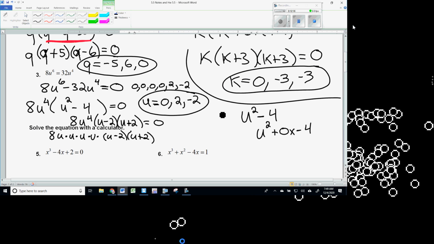Okay? You can just write your answer like that, but if you're looking at it and thinking, well, that's to the 6th, I need 6 answers. What's going to happen is you're going to have a multiple, I don't know what we call that, quartic answer? Quad answer? I don't know what it's an economy with names. What does a quad mean? 4.